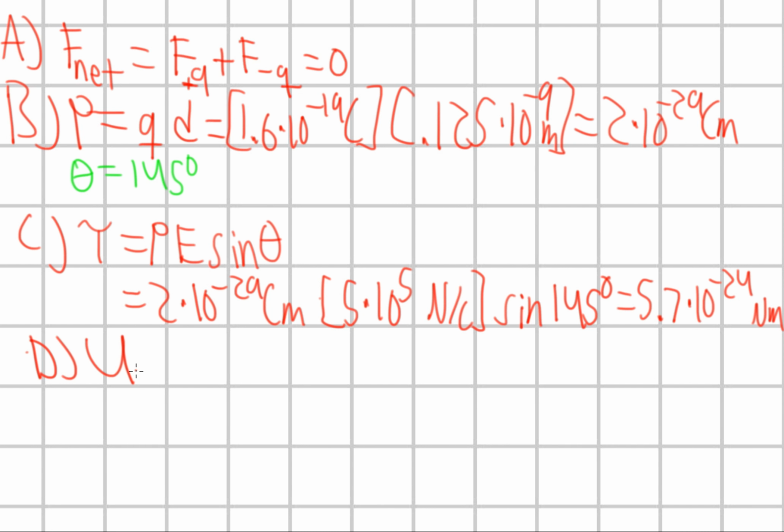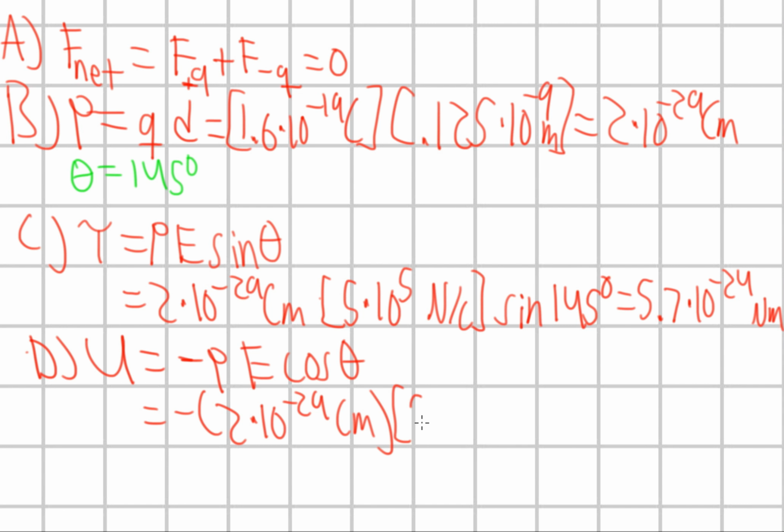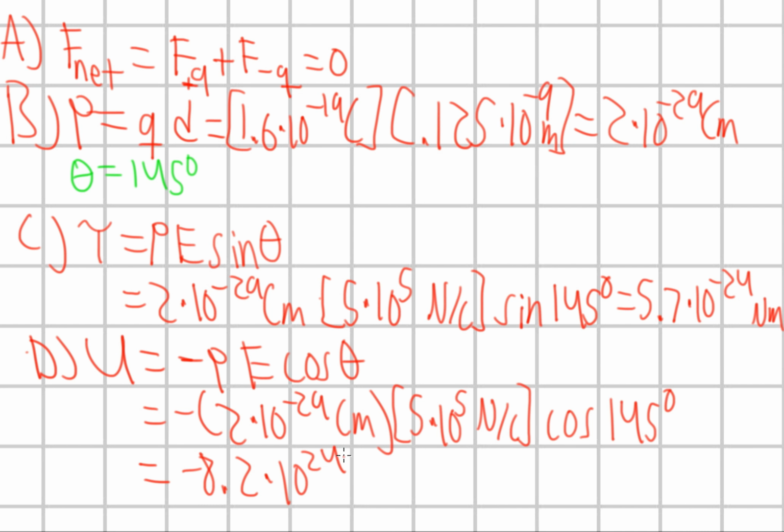Now, we're going to call this U, and U is equal to negative P, that's the magnitude of the electric dipole moment, times electric field, E, times cosine of theta, which in this case is equal to 2 times 10 to the negative 29 coulomb meters times 5 times 10 to the power 5 newtons per coulomb times cosine of 145 degrees, which is equal to 8.2 times 10 to the power of negative 24 joules.